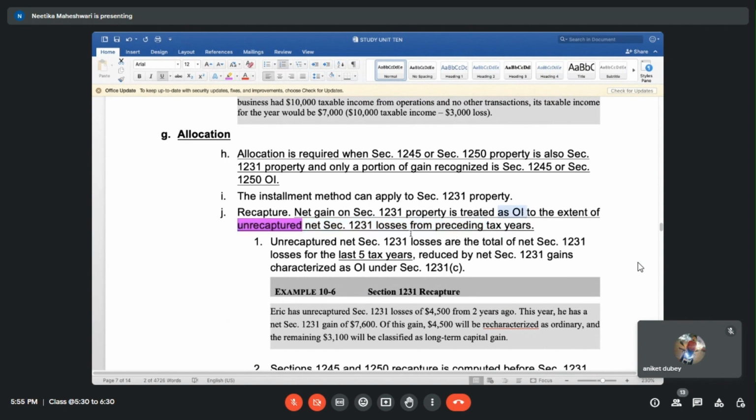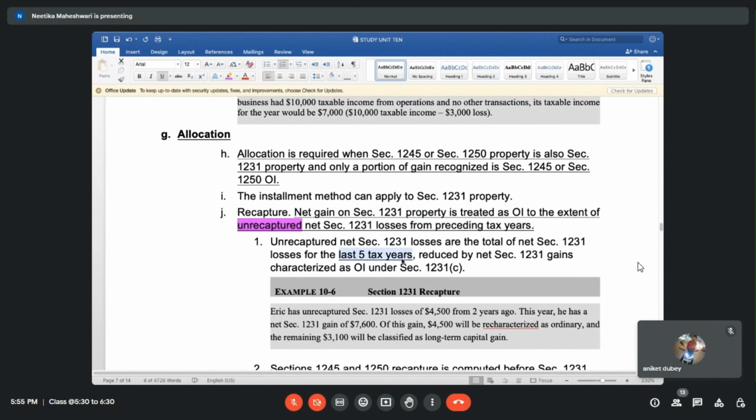This is not happening when the property is being sold. Maybe 3 years back we sold a property, and that time the recapturing did not happen. But later on, if you're selling a 1231 property and now have a gain, the IRS says you go back 5 years. They're not asking you to go back indefinitely.